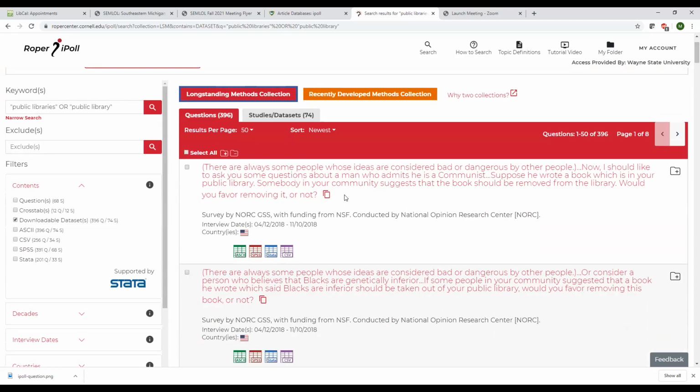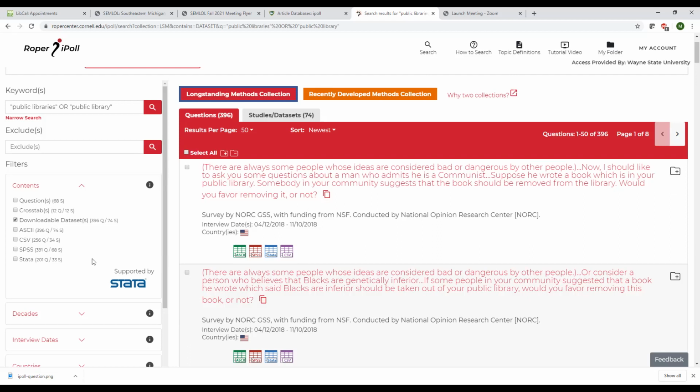So we see the questions about the libraries come up, and all of these will have a data set that you could download attached. And I do believe this is one of the reasons why you need to have an account created in iPoll, because I think downloading the data actually is much easier that way.